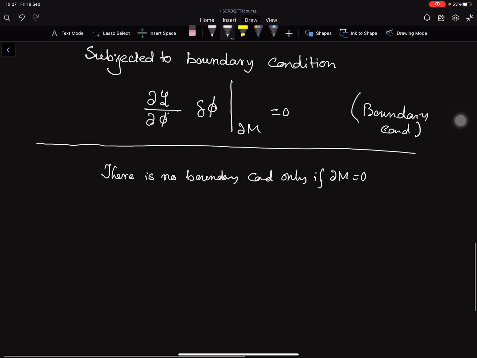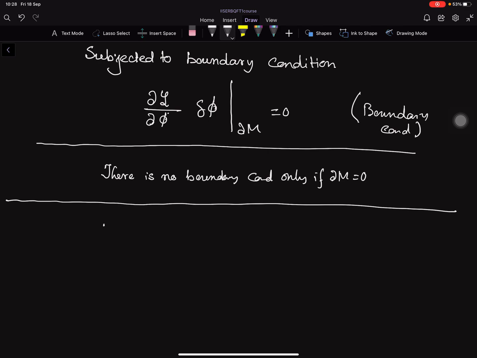Okay, so let's consider an example. This is too abstract, so let's consider a simple example. Let's consider L equals half m phi dot squared.